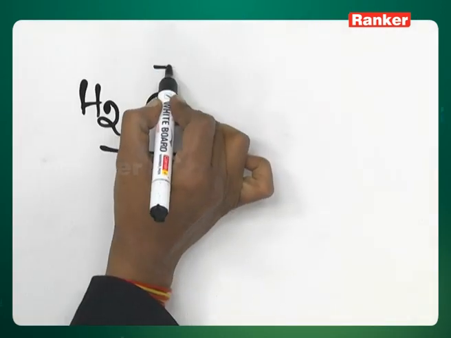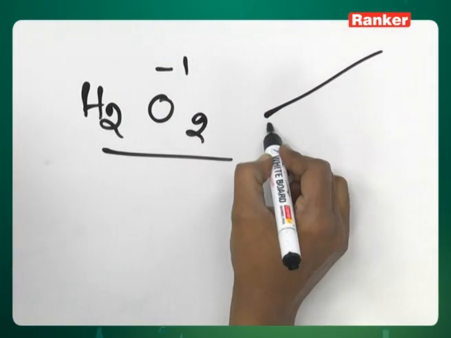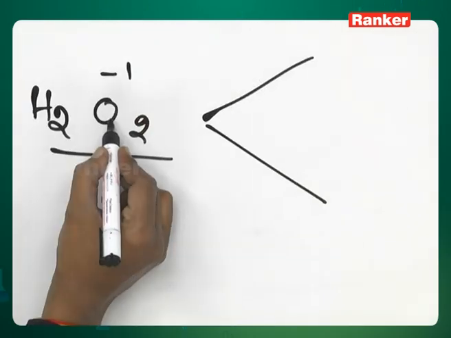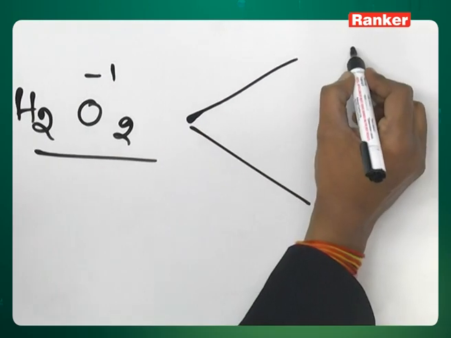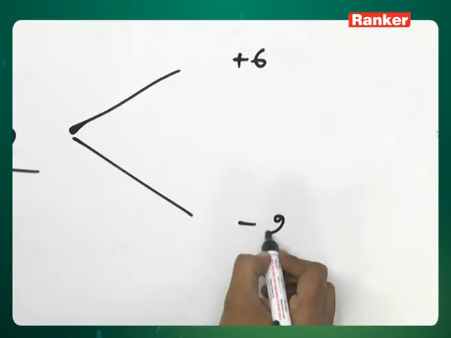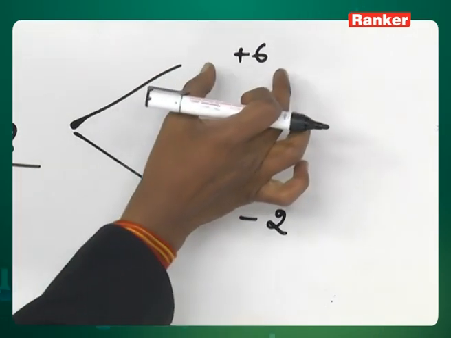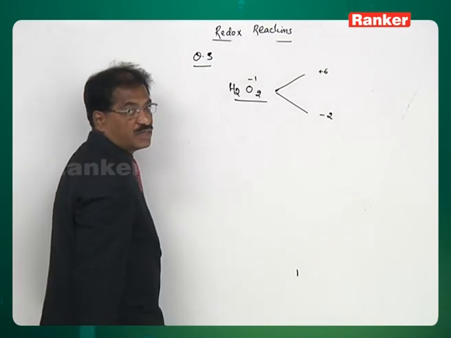For oxygen, the oxidation state is -1. Now, oxygen has 6 valence electrons, so the maximum oxidation state that can be exhibited by oxygen is +6, and the least possible oxidation state for oxygen is -2.